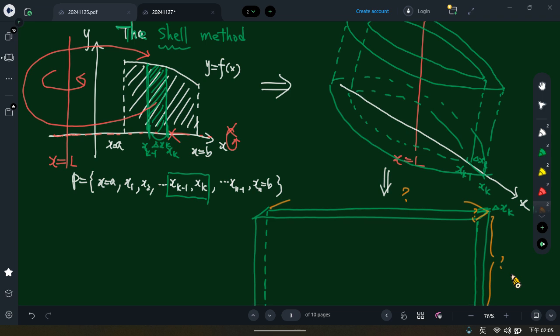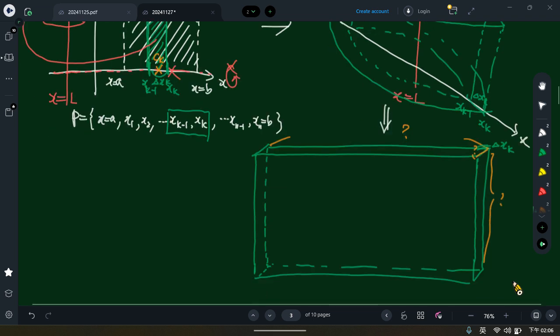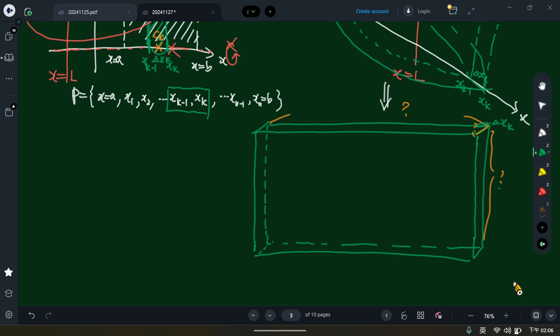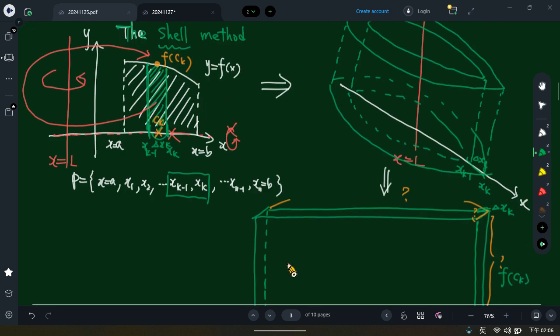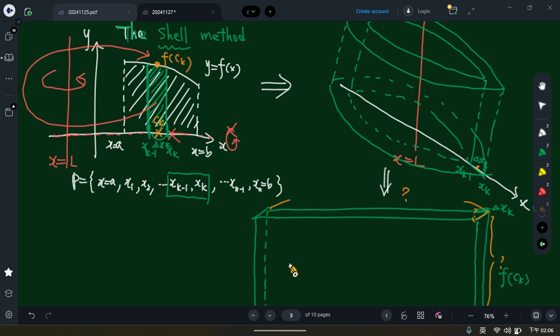We always randomly pick a point c_k between s_{k-1} and s_k, then use this point to get its function value f(c_k). We use this as the height, so this one will be f(c_k).